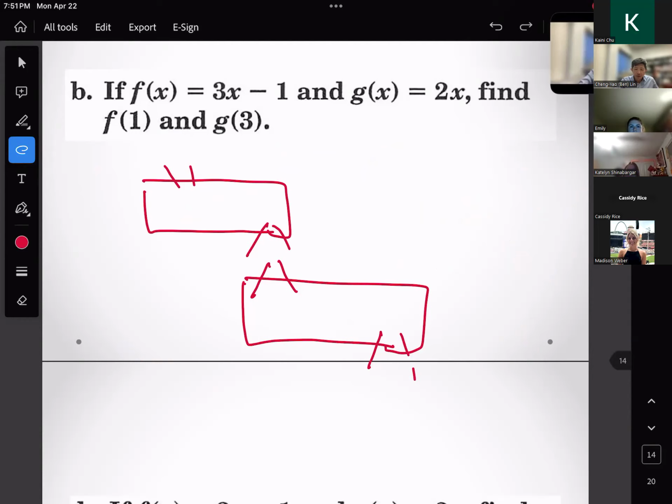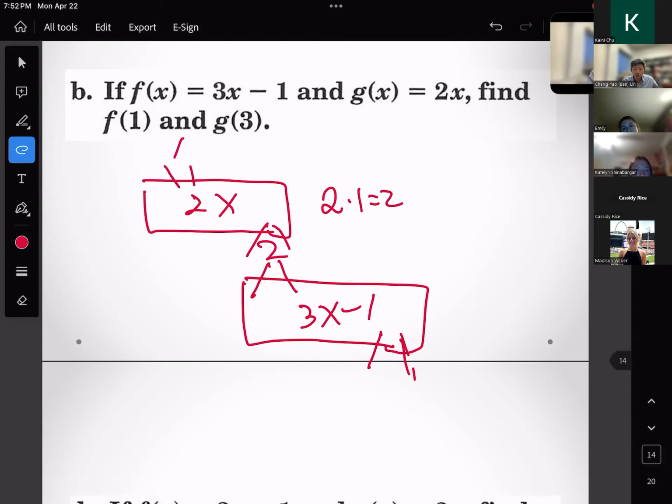Okay. So I'm going to do 2x here. I'm going to do 3x minus 1. Okay, if I input 1, what's the output? Tell me what's the output. Five. Very good. So 2 times 1 is 2.